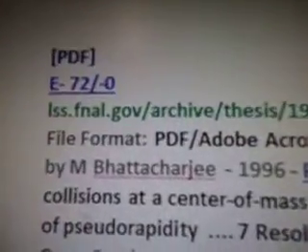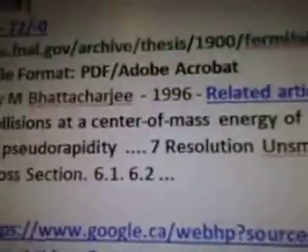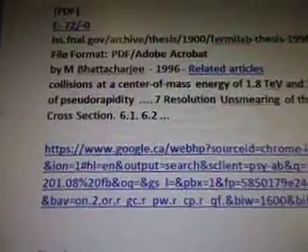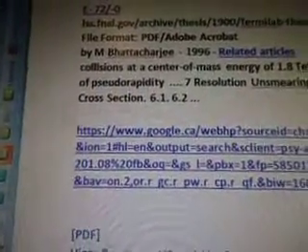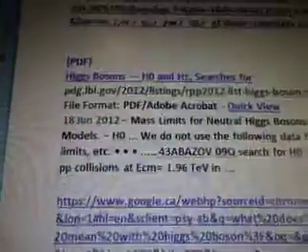And we'll go here. Okay, so I did some googling and got some PDF files here from fnal.gov, from 1996. It says collisions at a center of mass energy of 1.8 TeV in the central unit of pseudo-rapidity, unsmearing of the inclusive jet cross-section.